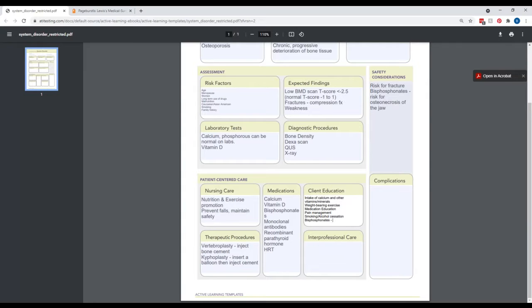At night? Usually they take it in the morning. Thanks for guessing that, Brandon. So we want them to take it 30 minutes before they take any other medications. So it's kind of easier to do in the morning.